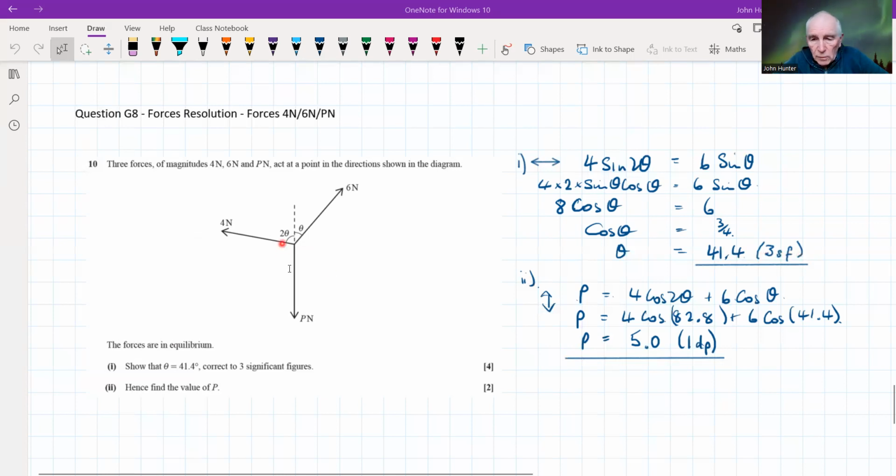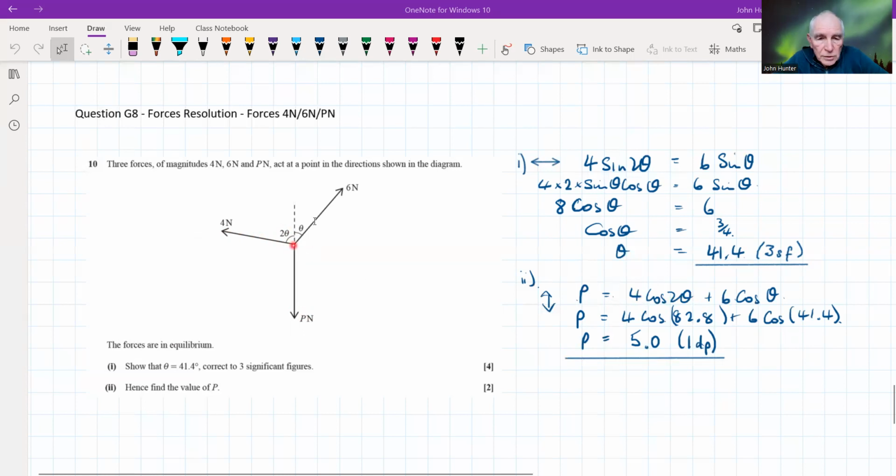Right, so now we know the angle. That's good. We want to find P, so we're going to have to look in the vertical. If we resolve vertically, then P is going to be equal to the 4 newtons, which is at an angle of 2 theta to the vertical, so that would be 4 times cos 2 theta.